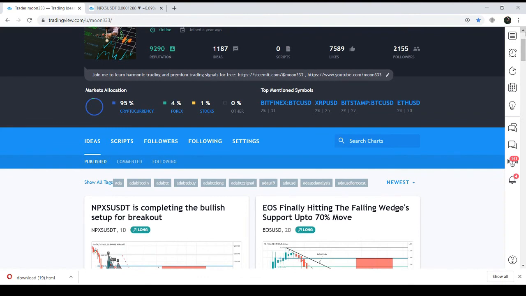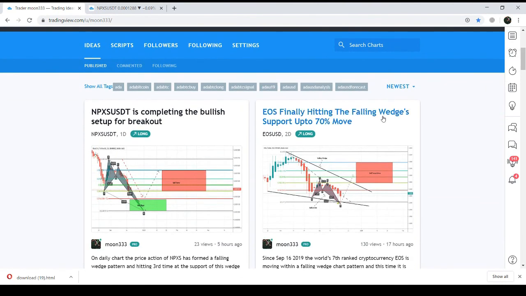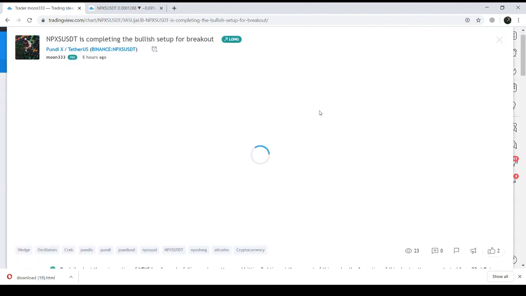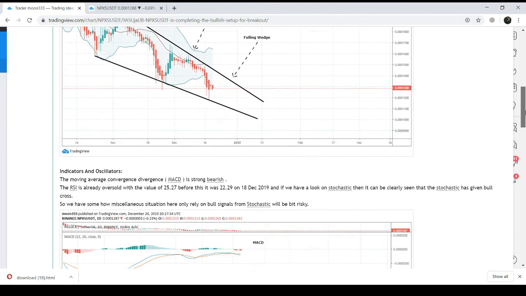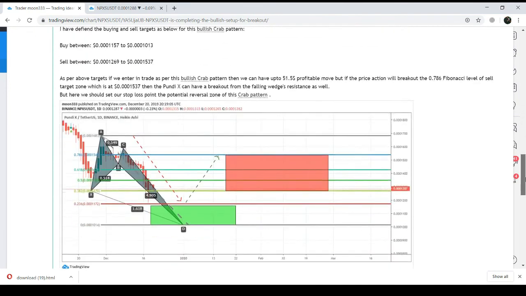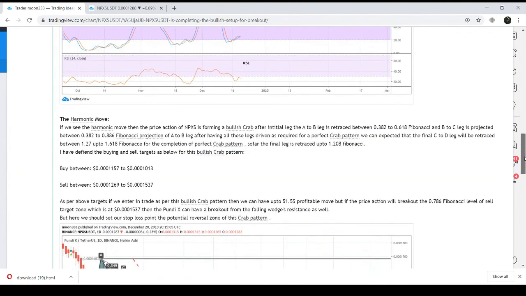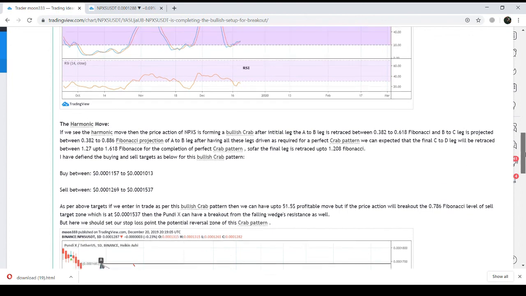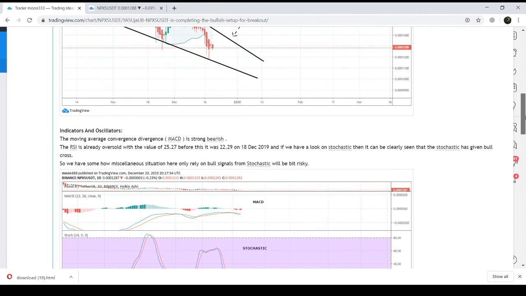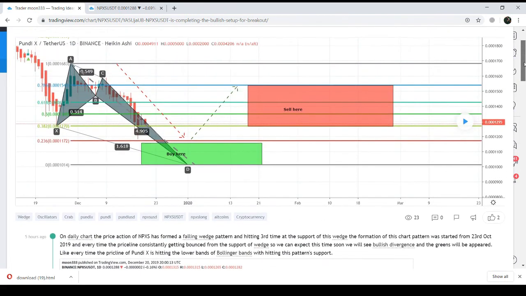And this is my Pundi X chart, which I have just shared today. And this is a complete article. You can also read my complete article. But if you want to see the buying and sell targets, I mentioned at the end of the article. And this is my buying range, and these are the sell targets. So this trade has capacity to give around 51.5% profit.